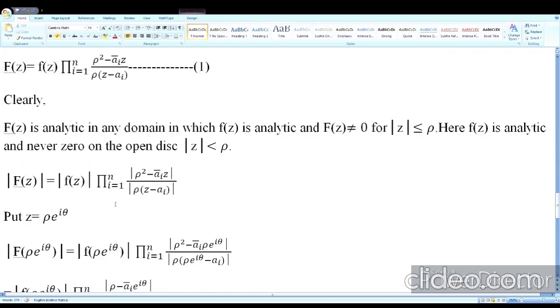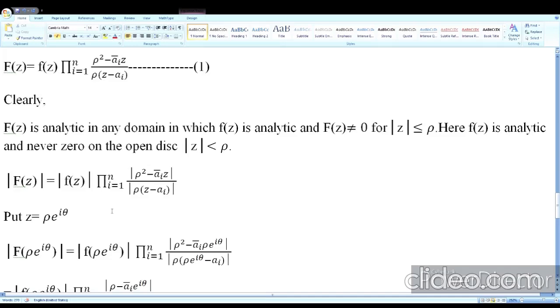Now take modulus on both sides. Modulus of capital F of z is modulus of small f of z into product i varies from 1 to n modulus of (rho square minus a_i bar z) by rho into (z minus a_i). Put z equal to rho into e power i theta.